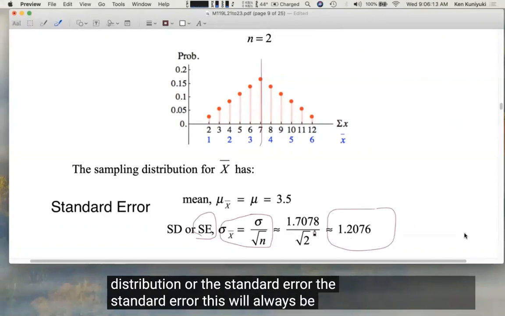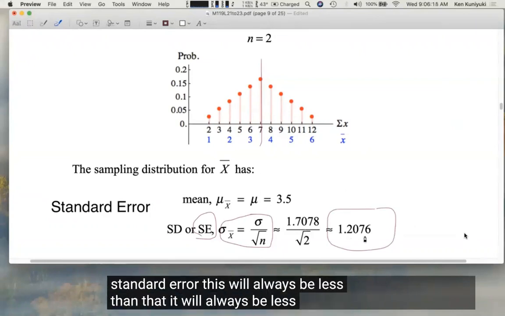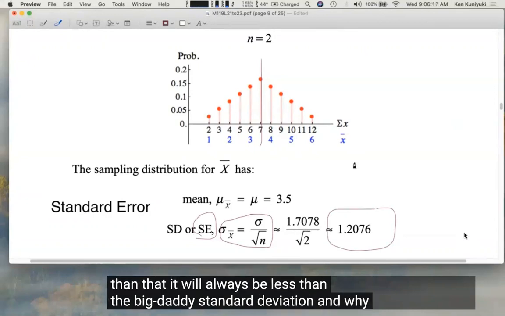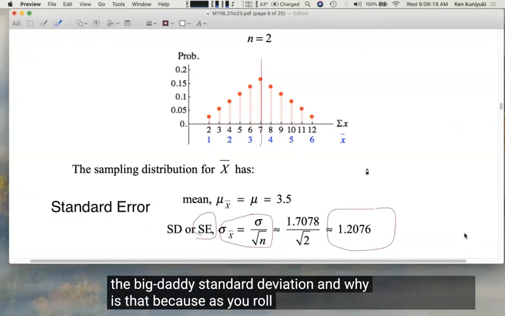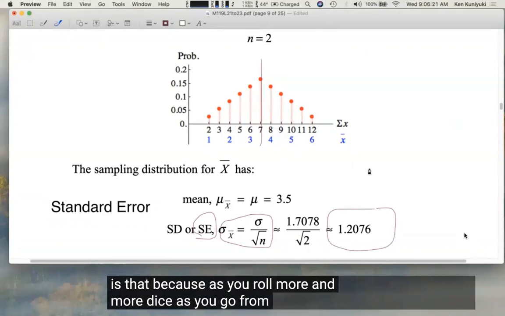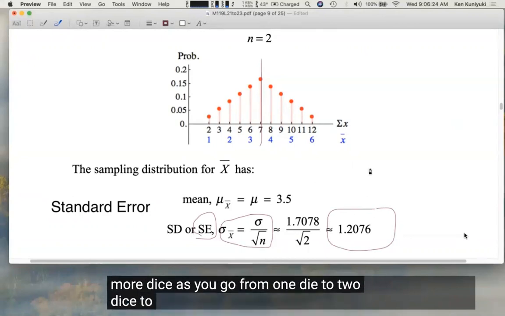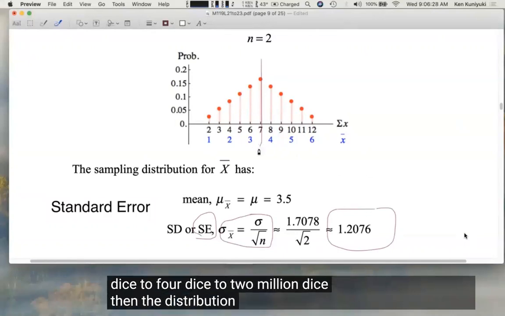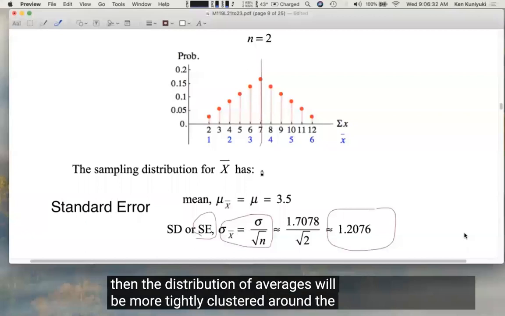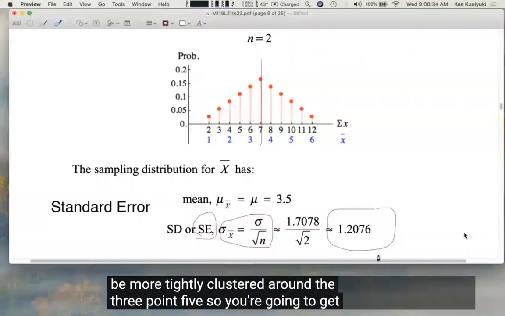This will always be less than that. It will always be less than the Big Daddy standard deviation. And why is that? Because as you roll more and more dice, as you go from 1 die to 2 dice to 4 dice to 2 million dice, the distribution of averages will be more tightly clustered around the 3.5. So you're going to get less spread.